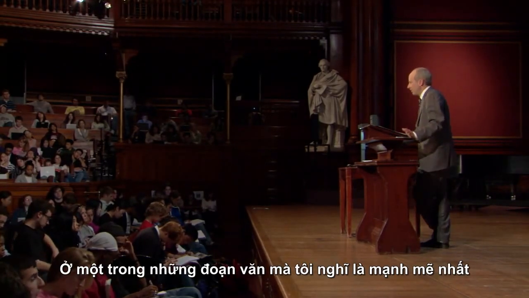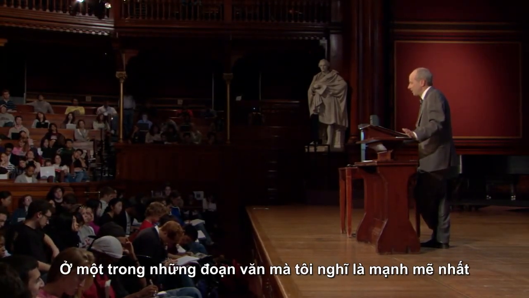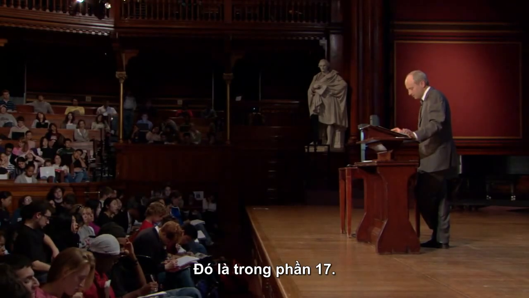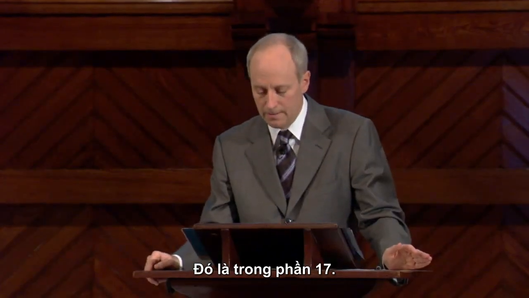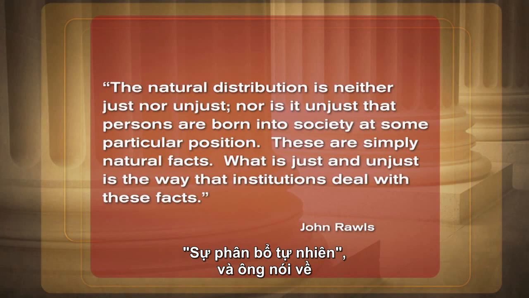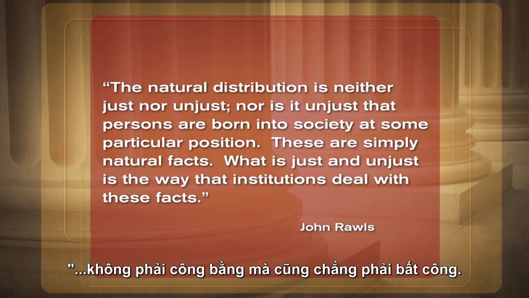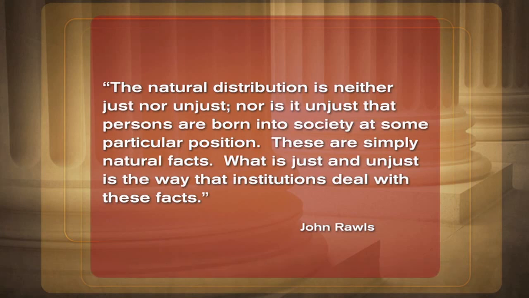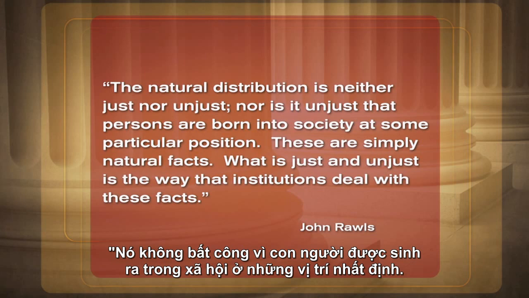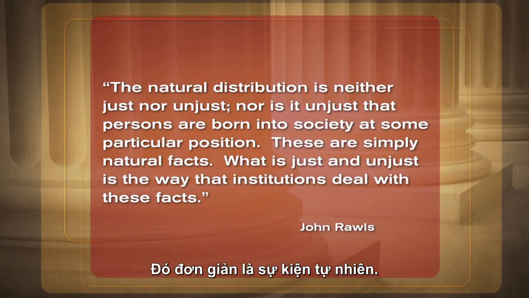in one of the most powerful passages, I think, of A Theory of Justice. It's in section 17. The natural distribution, and here he's talking about the natural distribution of talents and endowments, is neither just nor unjust. Nor is it unjust that persons are born into society at some particular position. These are simply natural facts.